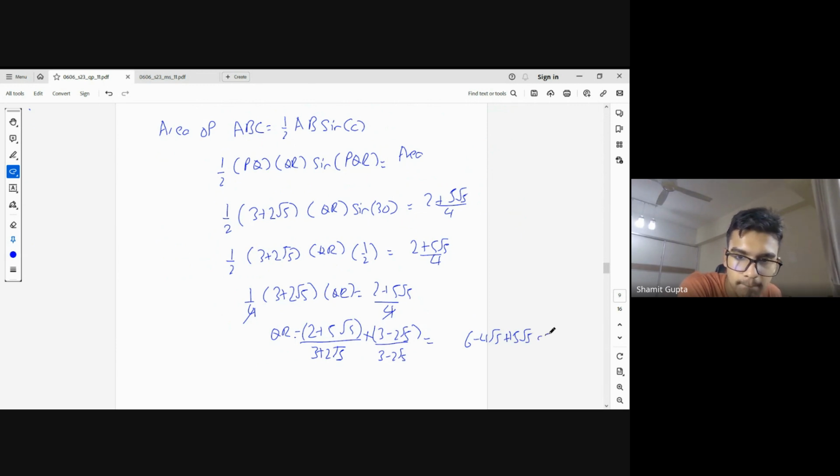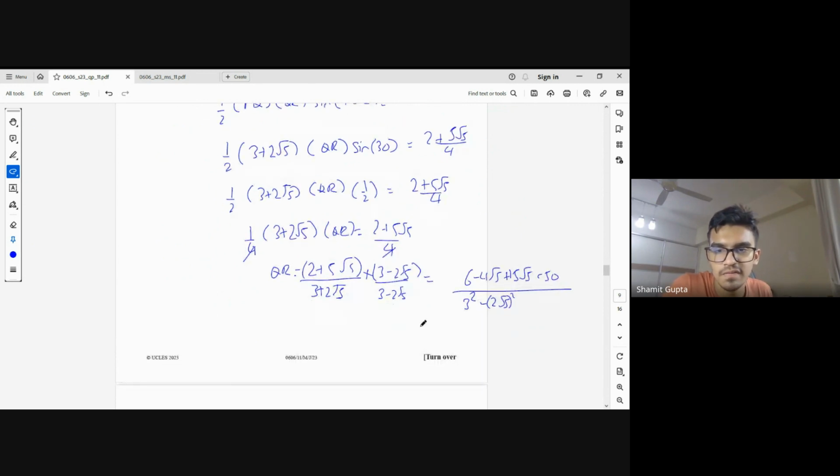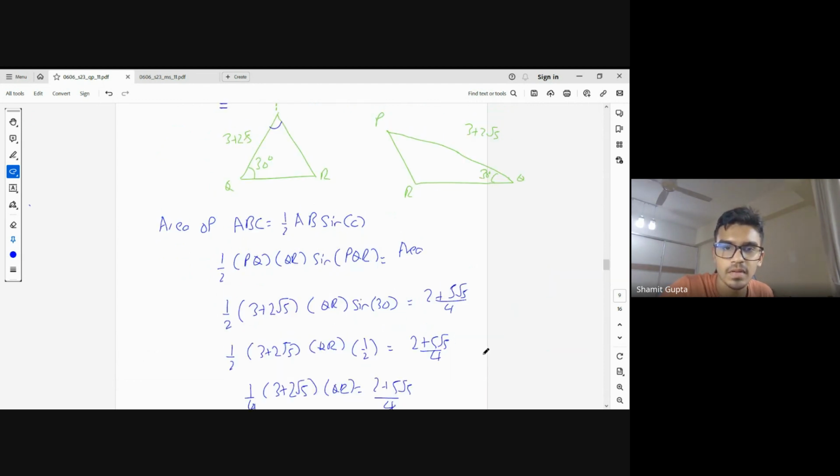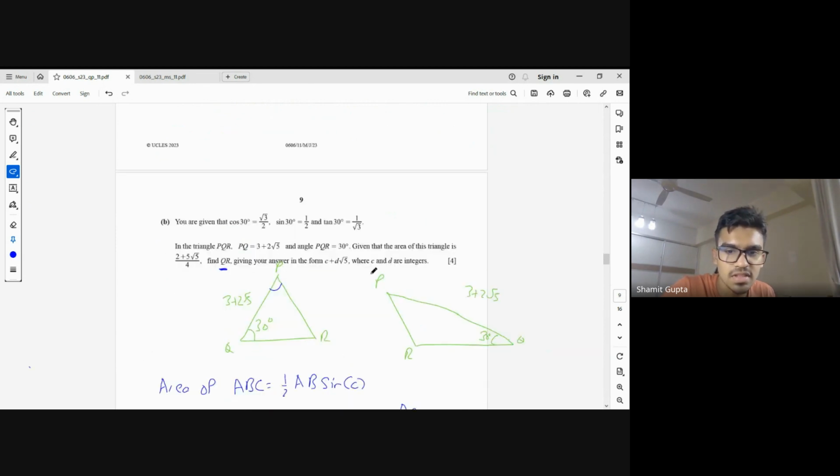Minus 50, over 3 squared minus 2 root 5 squared, which is equal to negative 44 plus 11 root 5 over 9 minus 20, which is equal to minus 44 plus 11 root 5 over negative 11. They want it in the form C plus D root 5.